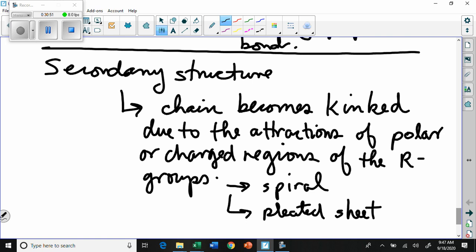That's the secondary structure. The next structure is the tertiary structure, which means an additional bending and folding and kinking of the spiral or the sheet upon itself, which is due primarily to the disulfide bridges.